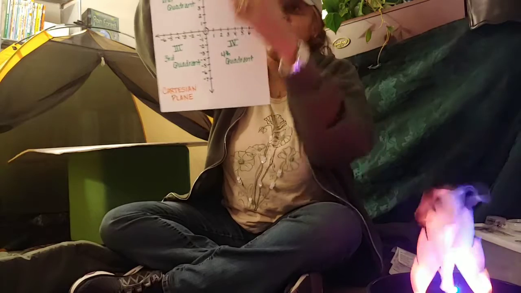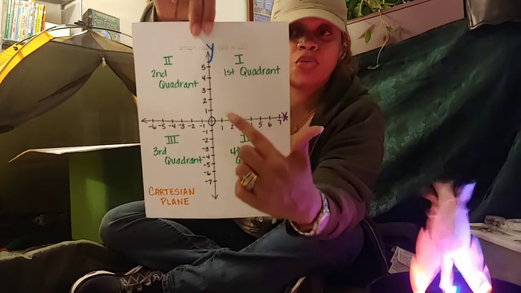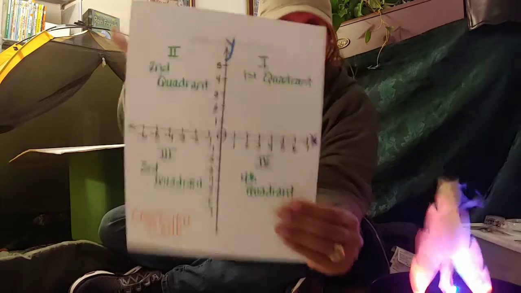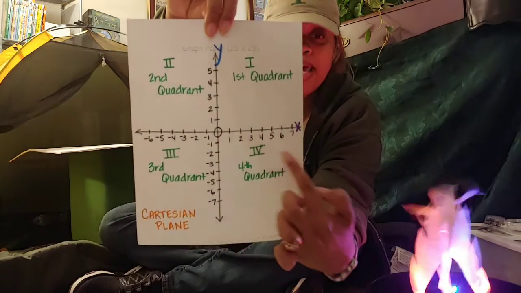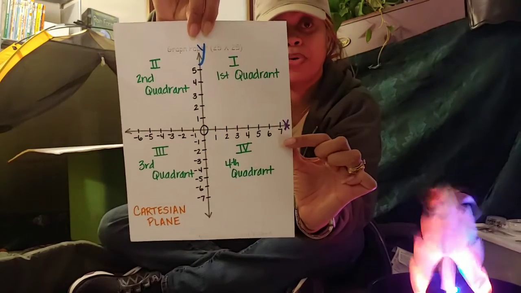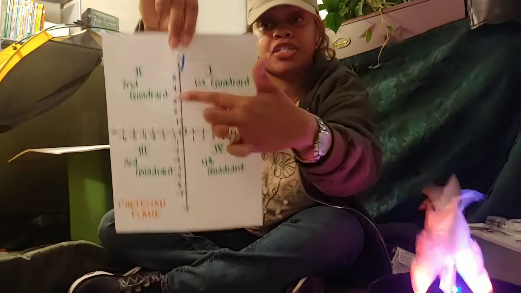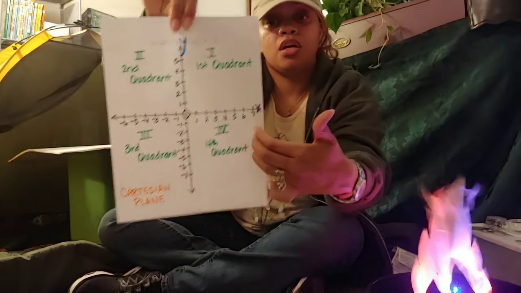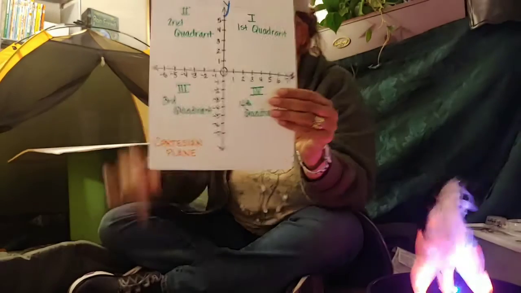Now, today's focus is going to be all in the first quadrant. And if you're looking closely at the first quadrant, all of the numbers, whether it's on the x-axis or the y-axis, will be positive numbers, which means we're going to be moving in the same direction, either to the right or moving up, okay?